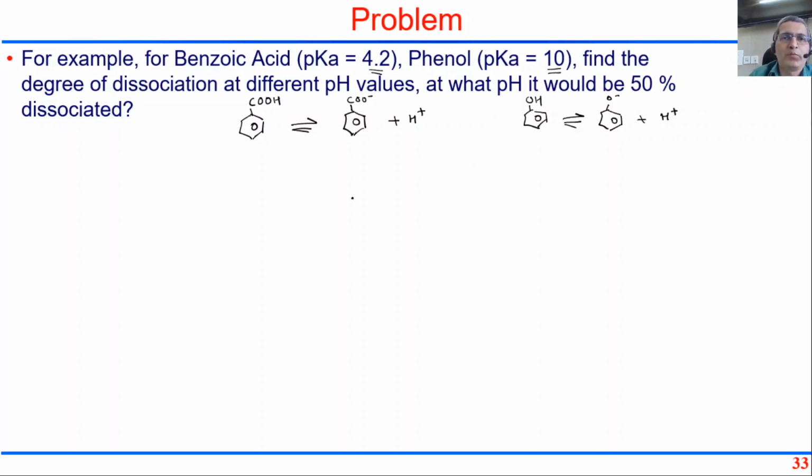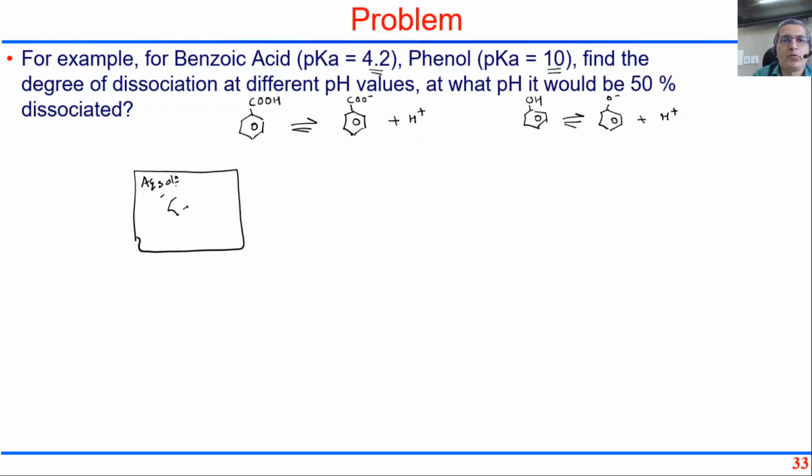Right? Suppose I make an aqueous solution of benzoic acid, or an aqueous solution of phenol, and I keep different pH values for the aqueous solution. Are you able to understand what I am asking?